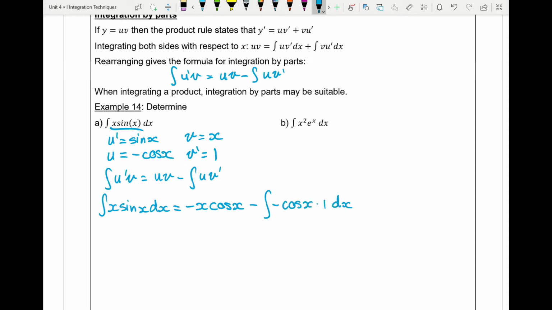So we can see that's a whole lot easier to work with. So going to the next step, we've got negative, negative, so that's plus, and then the integral of cosine is sine of x, and then we also have our plus c term.